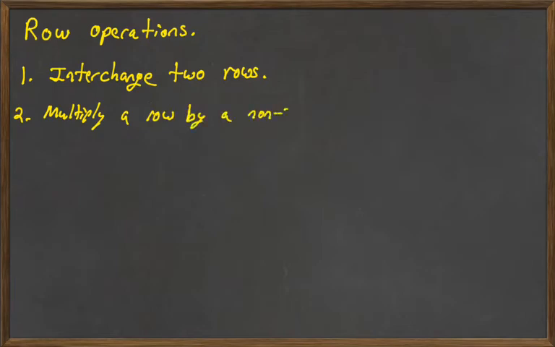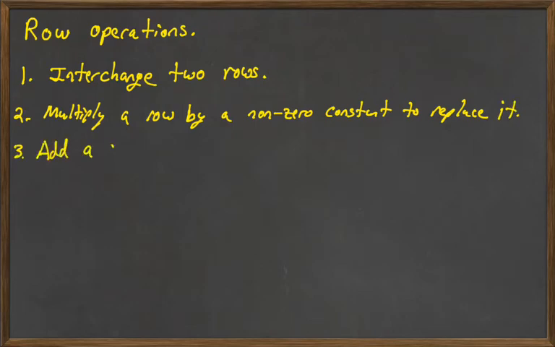and after we've multiplied it by that non-zero constant, we're going to replace that row with whatever we multiplied it by. So for example, if we multiplied a row by 5, then we would write the new row after we've multiplied it by 5. So we'll do that replacement there. And then finally, we can add a constant multiple of one row to another row to replace it.